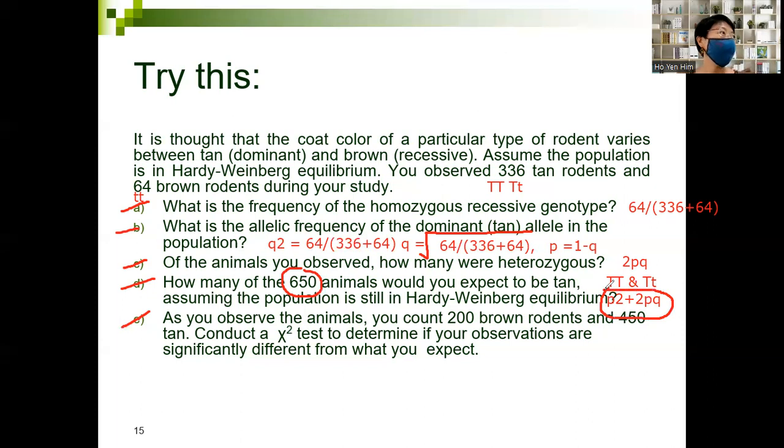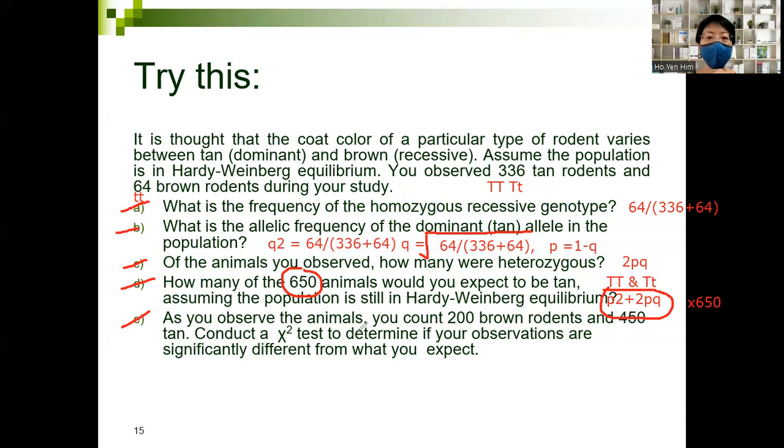I must do something to this, right? Convert 400 to 650. Because your original proportion is correct, but now you're referring to 650 already. So you have to times 650. Correct? Times 650, yeah? Okay.